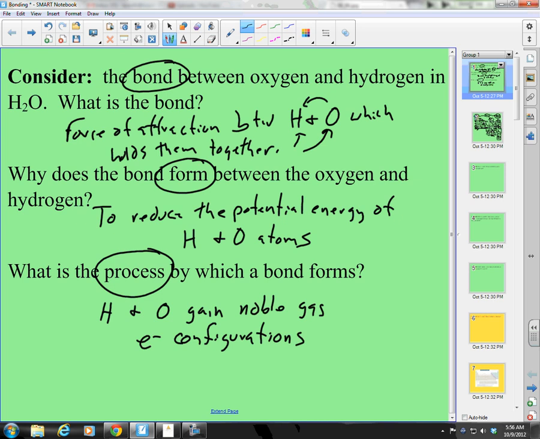And in this case, you don't know it just yet, but I'll tell you how, and we'll get into this later: by sharing electrons. We said they can gain electrons, they can lose electrons, or they can share electrons. In this case, with hydrogen and oxygen, they gain noble gas electron configurations by sharing electrons.